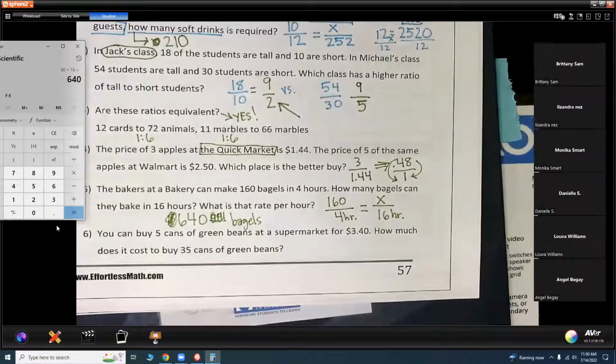Okay. You can buy 5 cans of green beans at a supermarket for $3.40. How much does it cost to buy 35 cans? And how did you figure that out? First I divided 5 into 35.